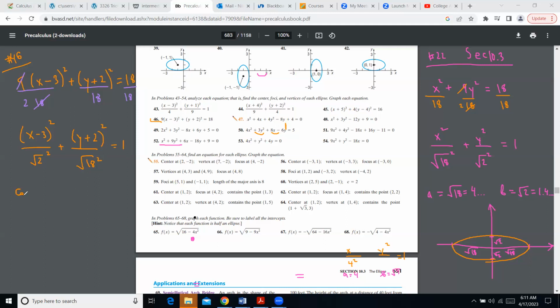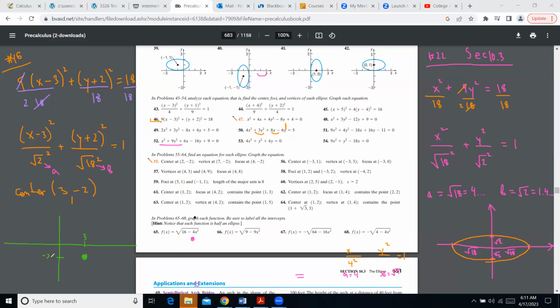And it's great because now I know that the center of my ellipse is 3 and negative 2. Please notice I always change signs with parentheses. And then a and b are found, they're square roots of 2 and 18. And this is great. So we can go ahead and make a picture. 3 and negative 2. It's probably someplace here, my center.